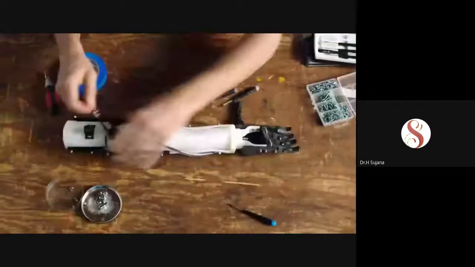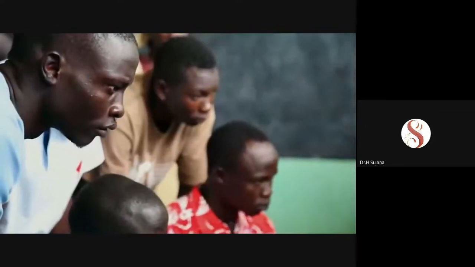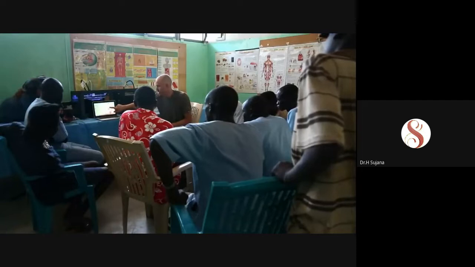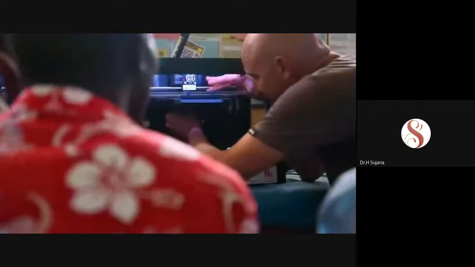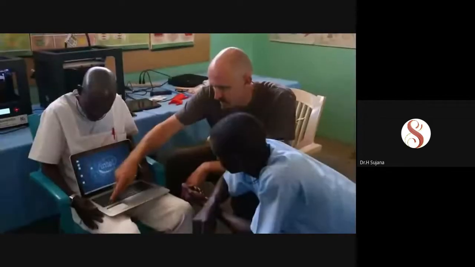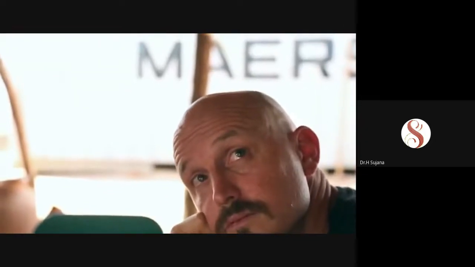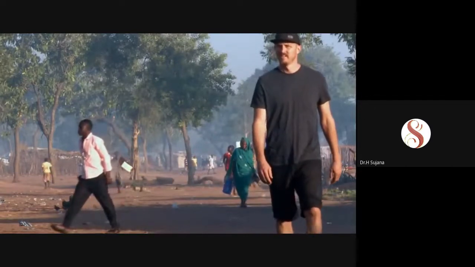But that was just the beginning. We wanted to leave his village with the tools and knowledge of how to create these prosthetics long after we had gone. This is going to be the hand that we work on for Daniel. I still pinch myself the fact that I was able to teach a group of people to print. Many who had never worked with computers before and never seen a 3D printer before, and I taught them how to make arms. That's what technology has the potential to do. I have a process. And the process is you commit, and then you figure out how the heck you're going to do it.